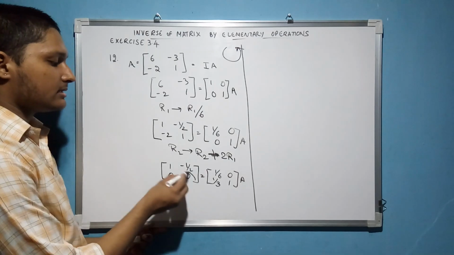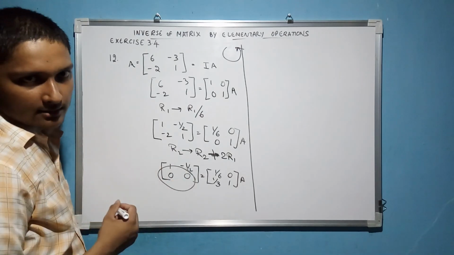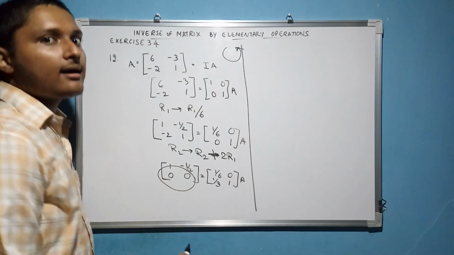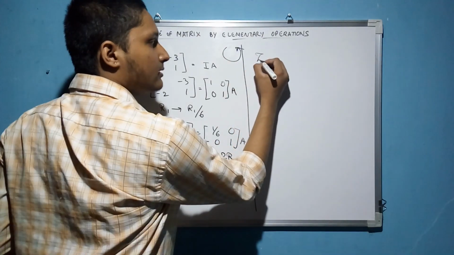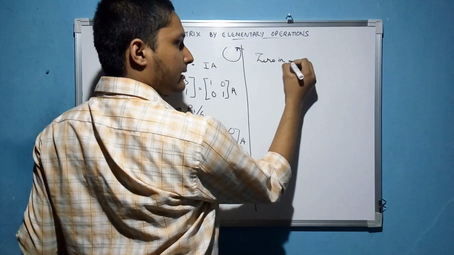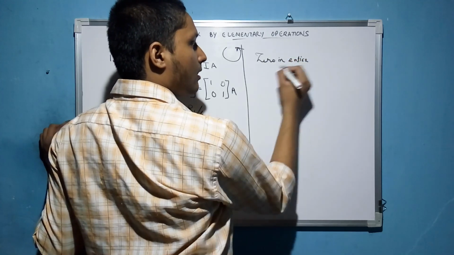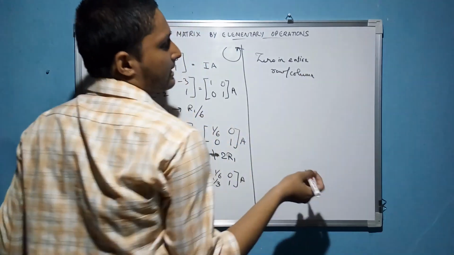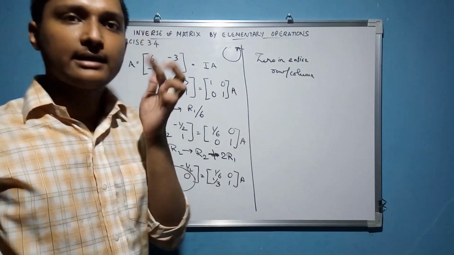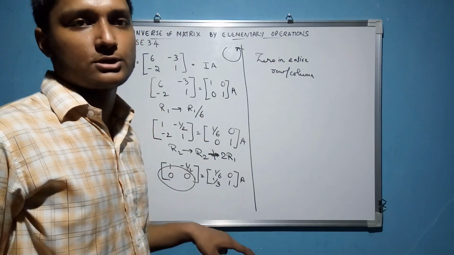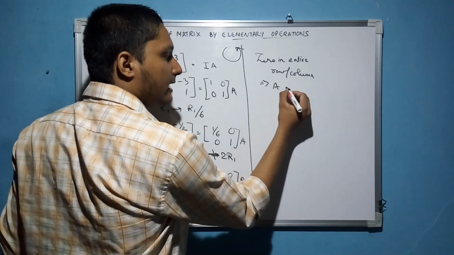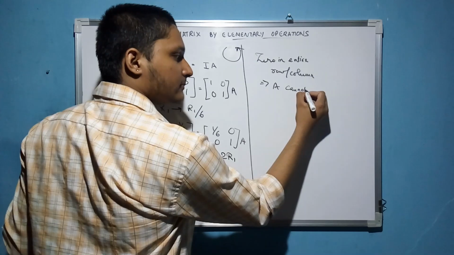See, you have one more thing here. You are going to get 0 in the entire row. 0 in the entire row or column. Consider maybe another case where you are going to get an entire column with all zeros. In such a case, you can tell that A cannot have any inverse.